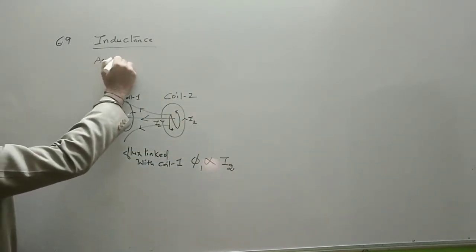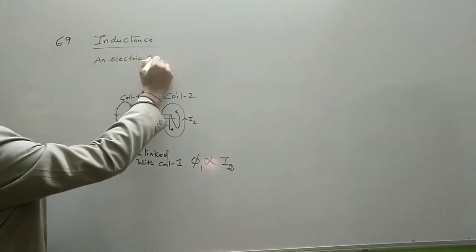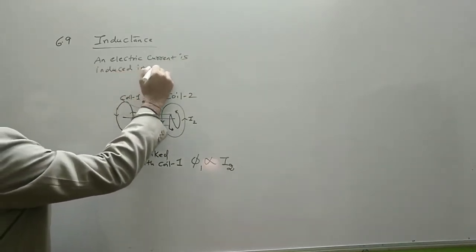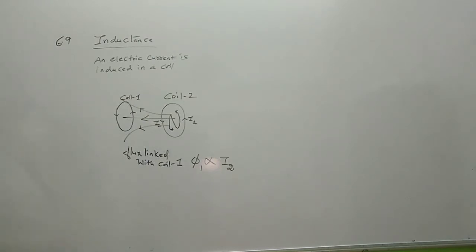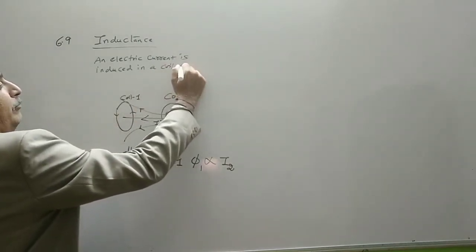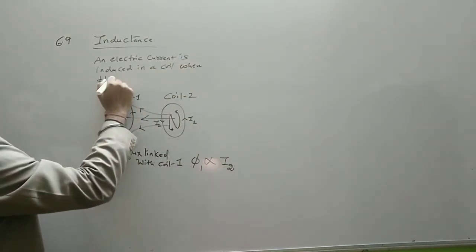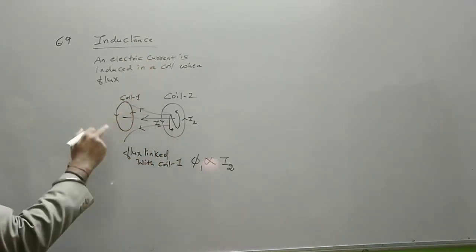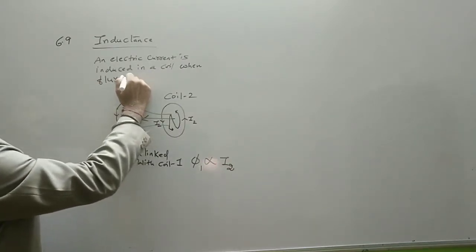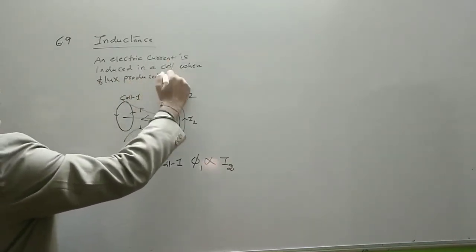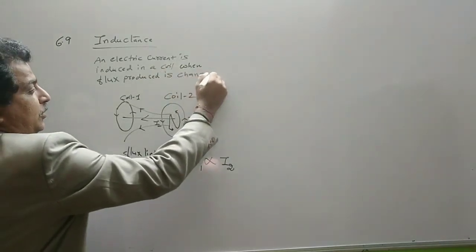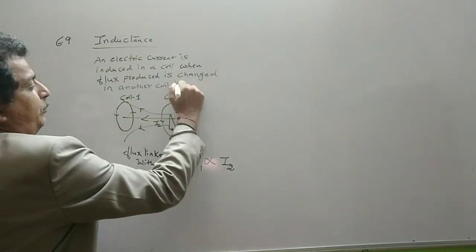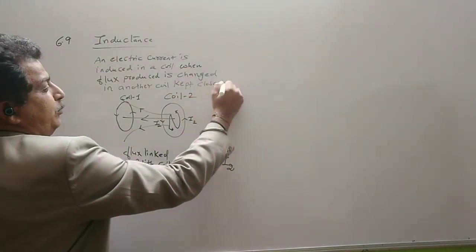So an electric current is induced in coil 1 when the flux produced is changed in another coil kept close to it.